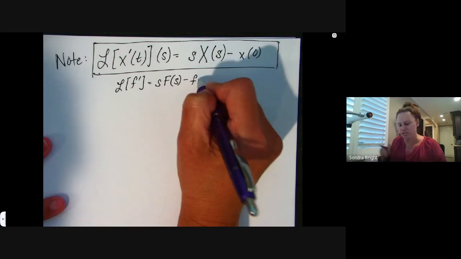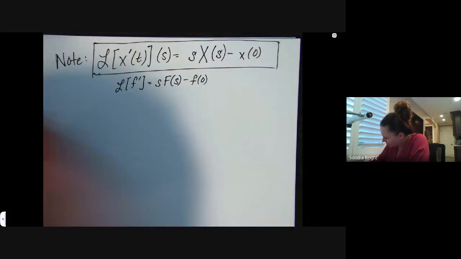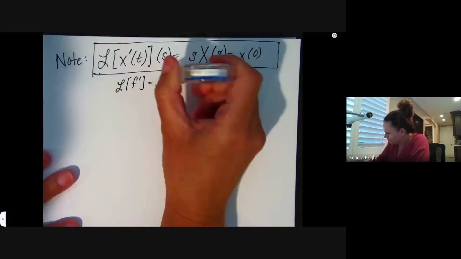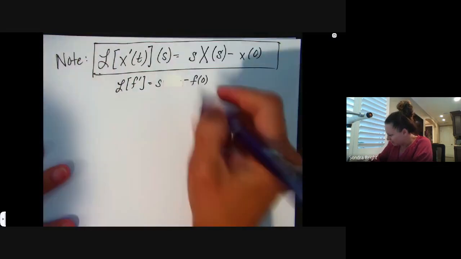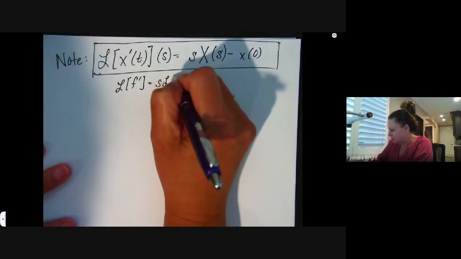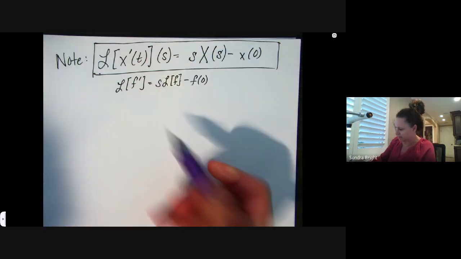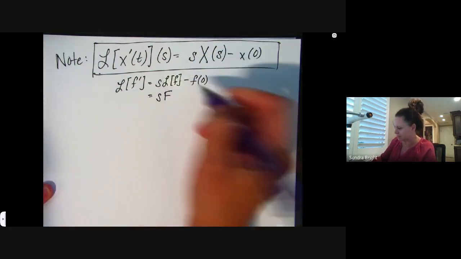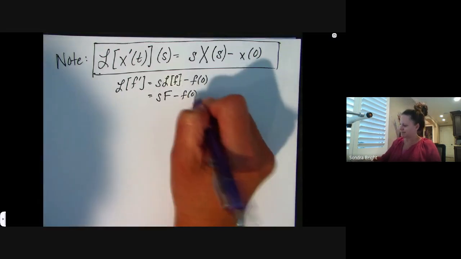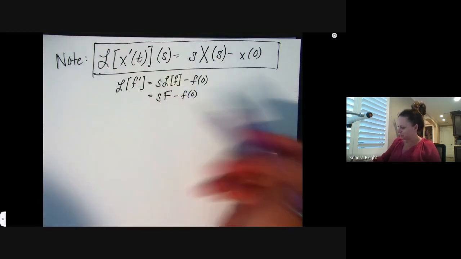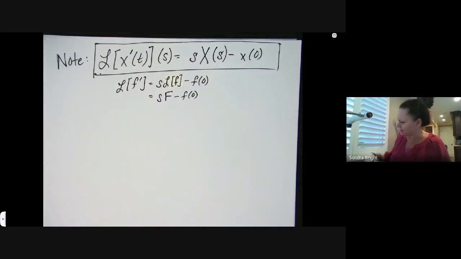Let me rewrite that. It's L of f prime, which is s times big F of s minus f of 0. Hopefully that makes sense.